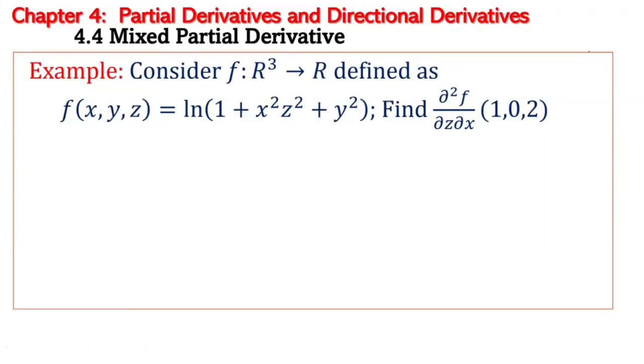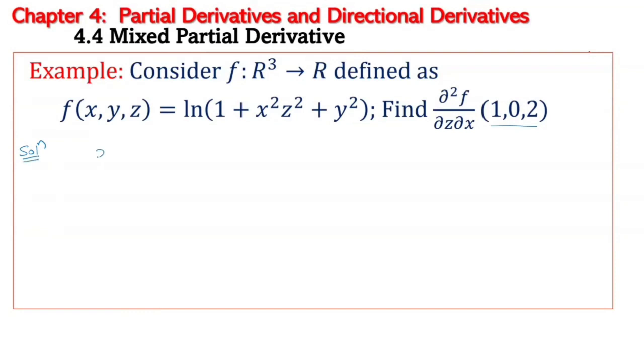You cannot use the earlier approach of substituting the other variables' values and keeping only x, because here we have to do all the derivatives first and then apply the point. So we will calculate it in this way.